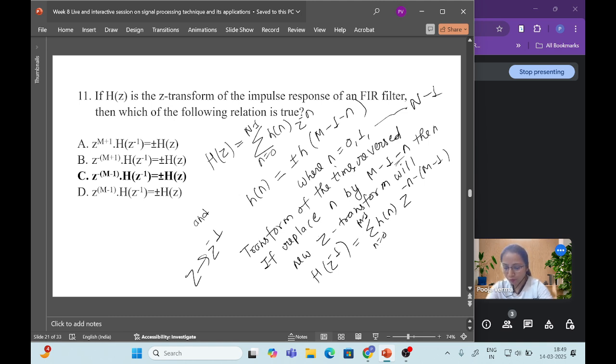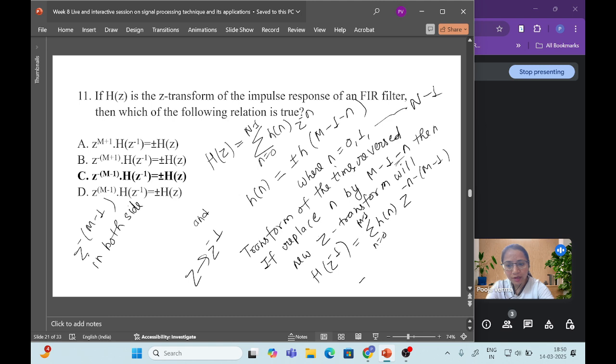Now, by the symmetry and anti-symmetry property, what we need to do is multiply z to the power minus (M minus 1) on both sides.